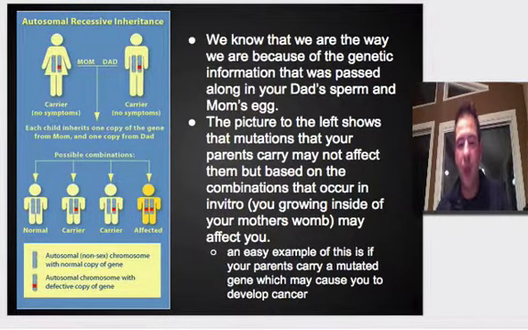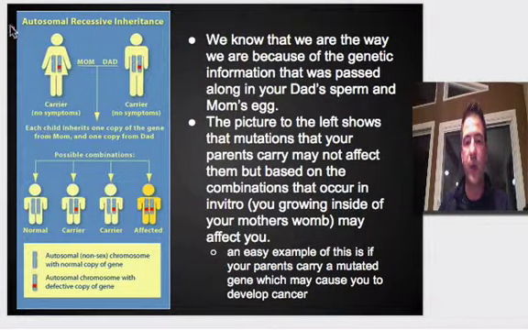An easy example of this is if the parents carry a mutated gene which would possibly cause you to develop cancer. So we take a look at this picture over here. We have our mother right here, our female, and we have our male over here, so the mom and the dad. Now, they have this gene, and I'll just circle it.